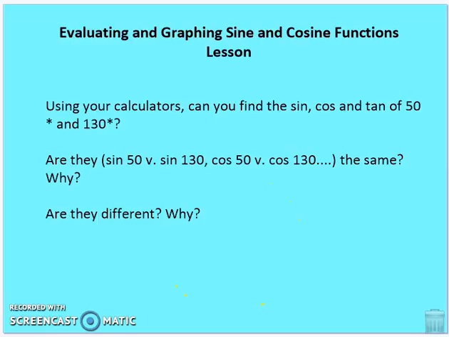All right, so using your calculators, go ahead and find the sine, cosine, and tangent of 50 degrees and 130 degrees, and then ask yourself, are they the same? Are sine of 50, sine of 130, cosine of 50, and cosine of 130 the same, and why? Or are they different?